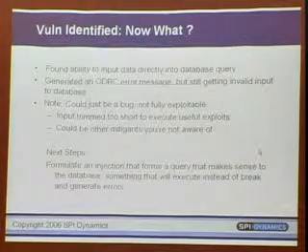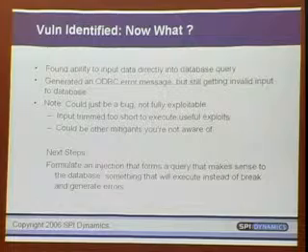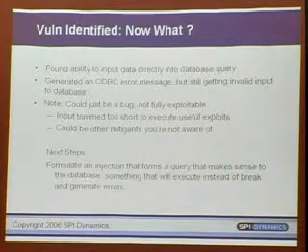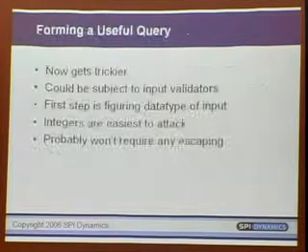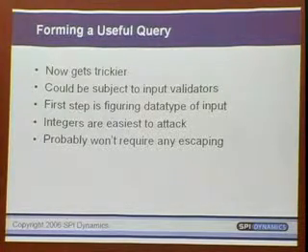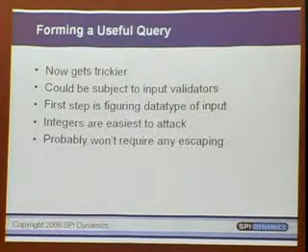Once you find the ability to get unvalidated input into a database query, the goal then is to formulate something that makes sense to the database so it actually executes. Forming the useful query gets trickier. And let me caveat that all of these slides are pretty plain vanilla examples. SQL injection in reality gets very, very sophisticated very quickly.